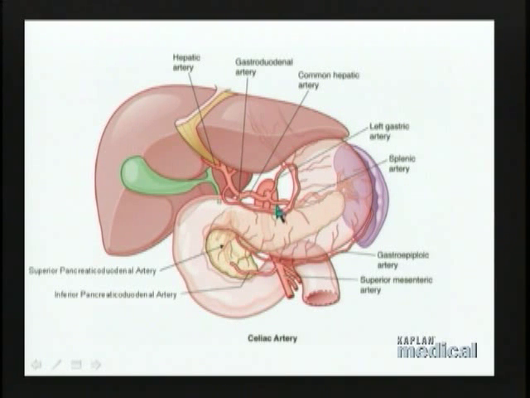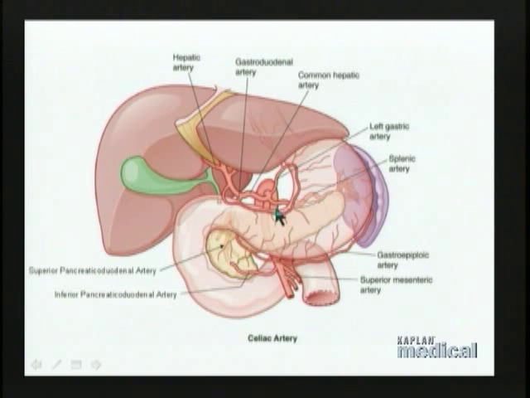The second branch, heading off to the left from the celiac, is the splenic artery, heading over to the spleen. We've already talked about how it gets to the spleen through the splenorenal ligament. And notice that on its way over to the spleen, it's running right along the upper border of the body and tail of the pancreas.